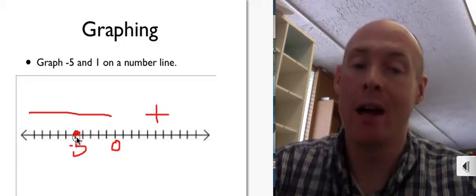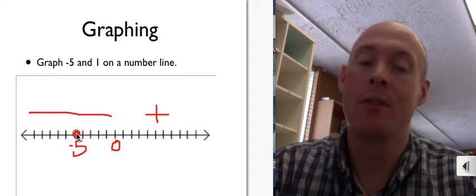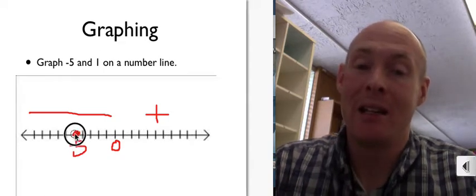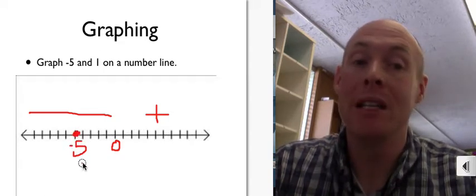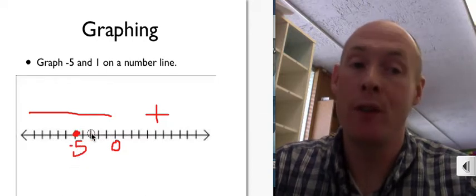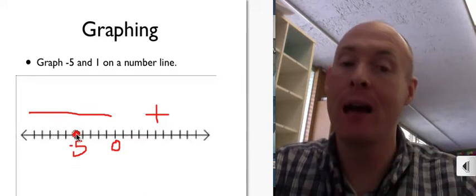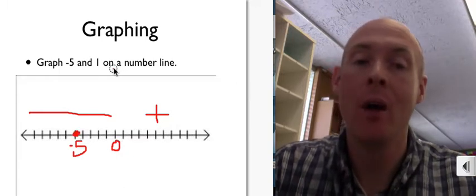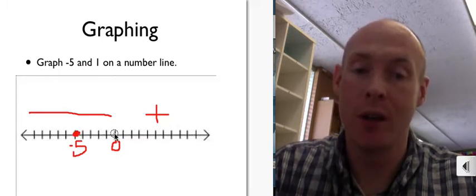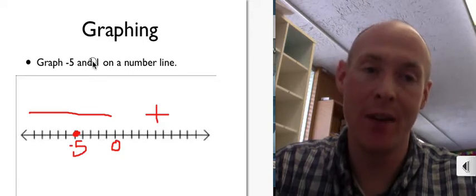It's on the number line. It's on there by representing it with this dot. Please make sure that when you graph your number line, you mark it with that dot right on the -5 line. Now, we also have to graph 1. So 0, +1. Now notice, there's no positive sign there.